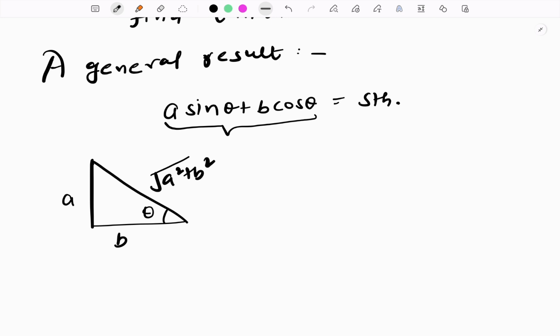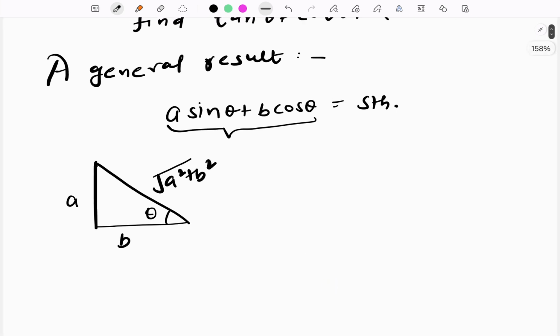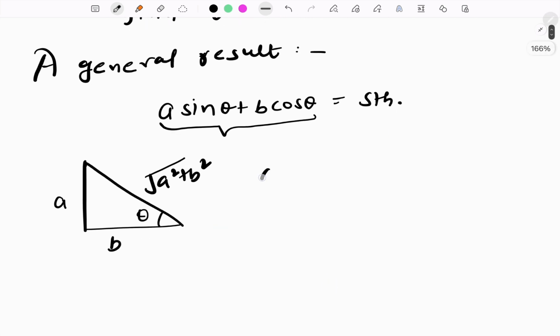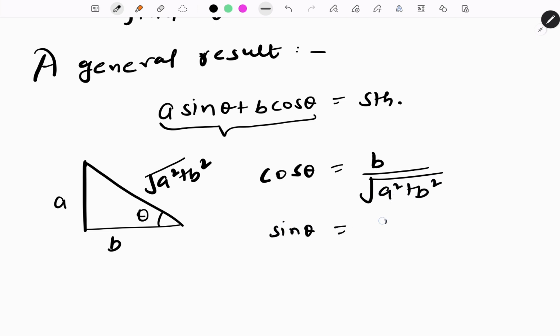So we imagine a triangle with theta here and a and b as its sides and root a square plus b square as hypotenuse. So as you can see, cos theta will be b over root a square plus b square, and sin theta will be simply a over root a square plus b square.